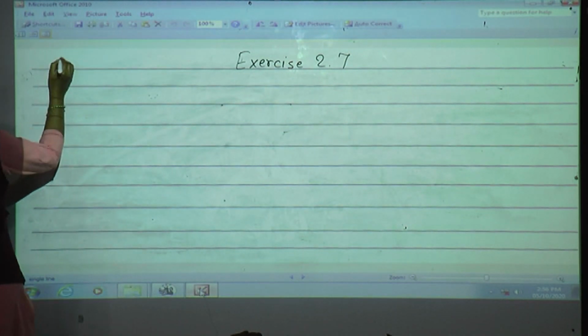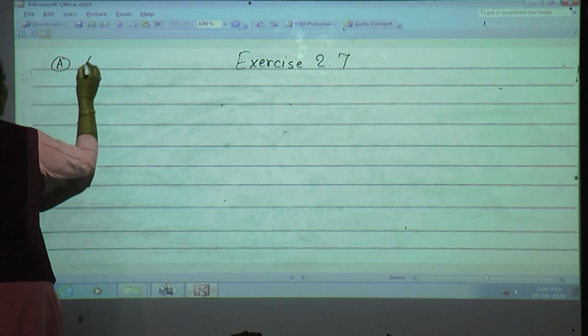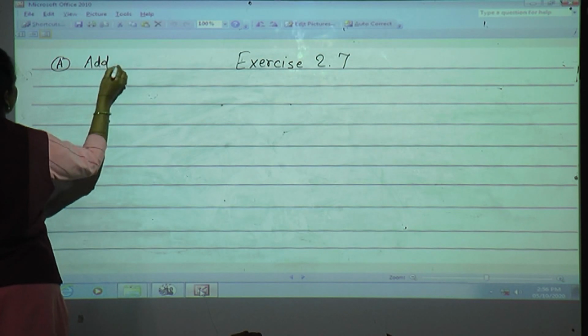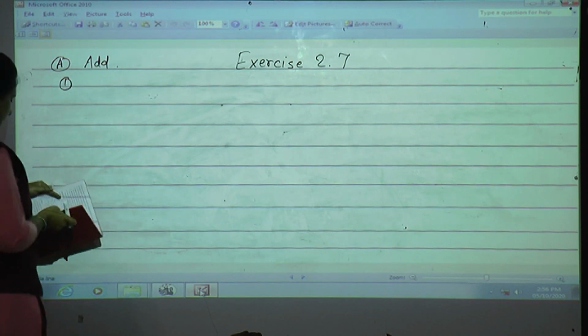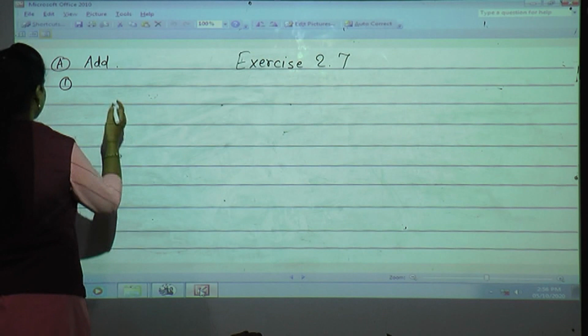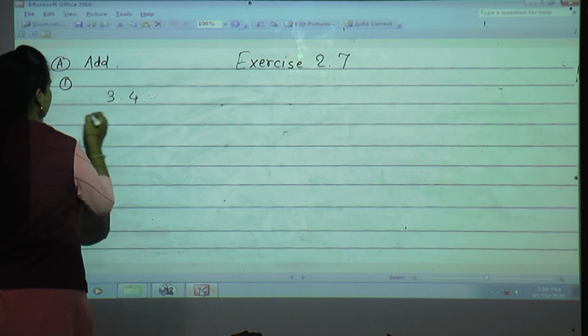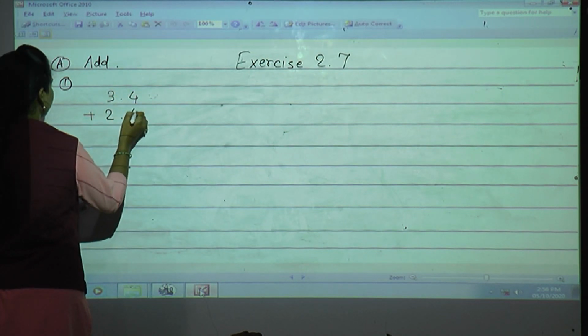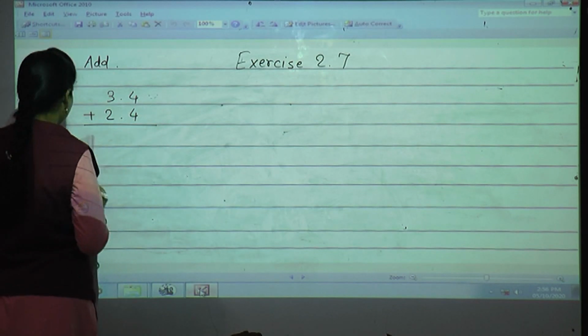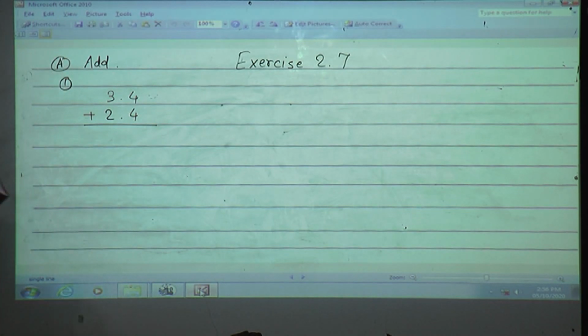What is the A question? Add. The first one I will take: 3.4 plus 2.4. See students, you need to write properly. Sorry, 4.2 is there.